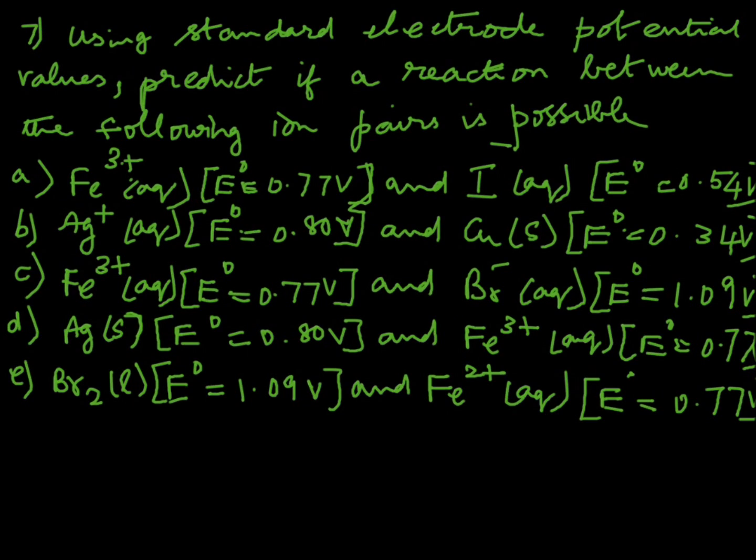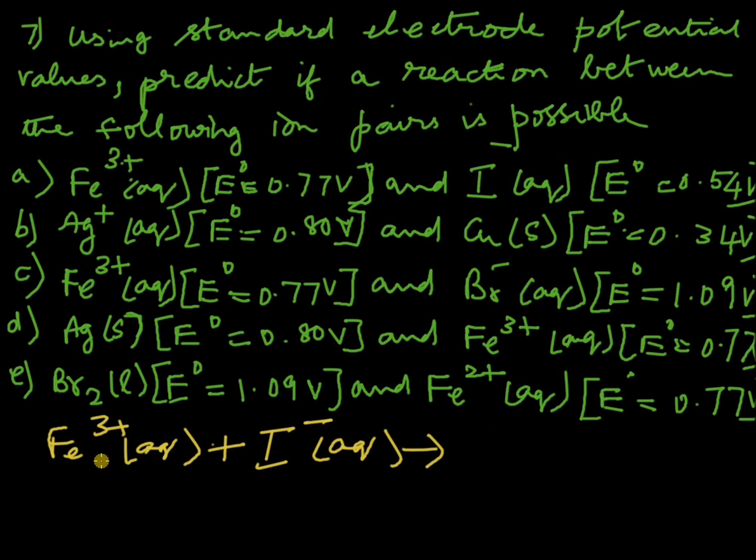The ions given in the first pair are Fe3+ aqueous and I minus. Supposing Fe3+ were to react with I minus aqueous, what could be the reaction?